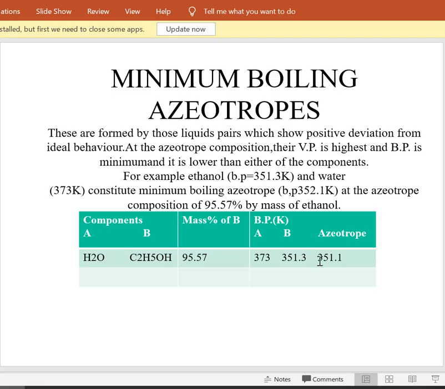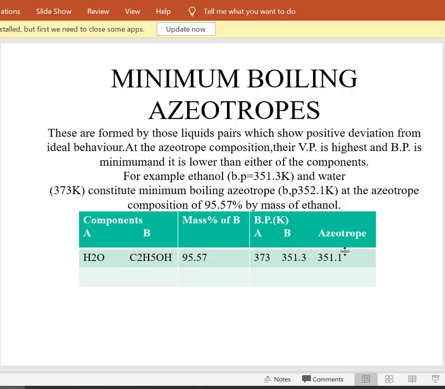It means the boiling point is minimum and is lower than either of the components. The boiling point is lower than both of these components.